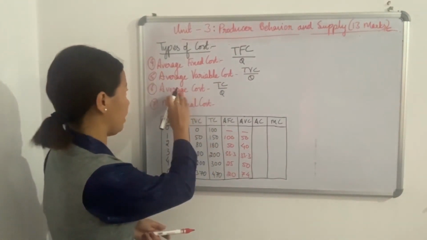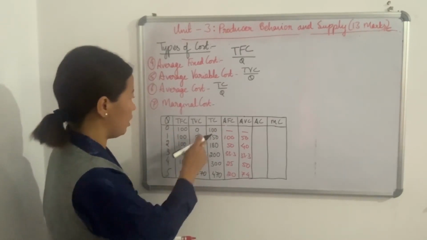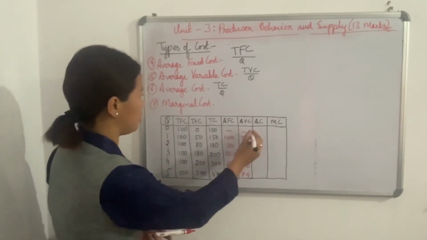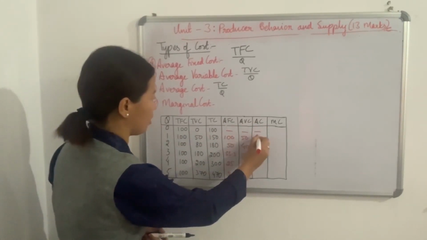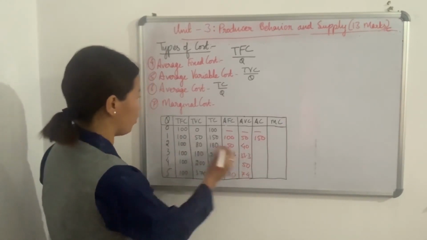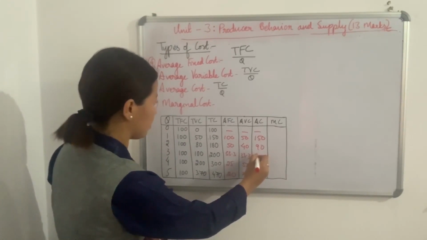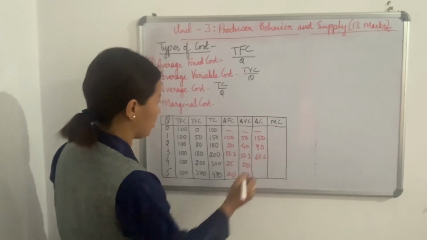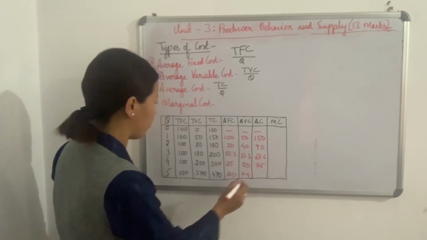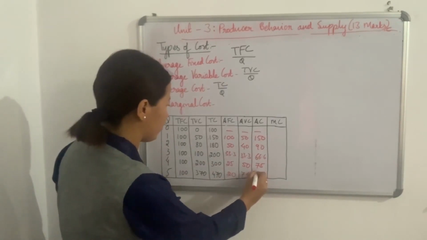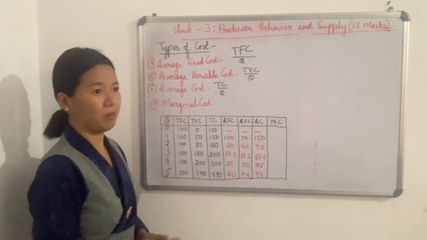So average total cost is TC upon Q. We have TC and also quantity, so we'll divide these two variables. 100 upon 0, dash. 150 upon 1, 150, 180 upon 2, 90, 200 divided by 3, 56.6, 300 divided by 4, 75, 470 divided by 5, 94. So this is the average cost.